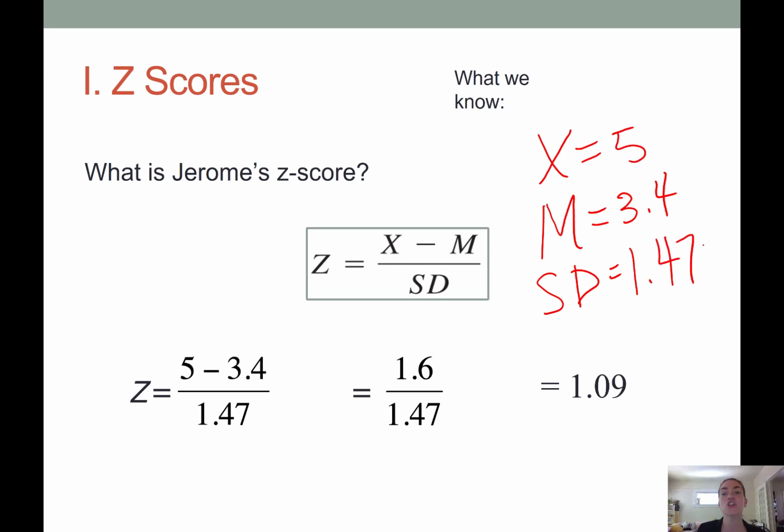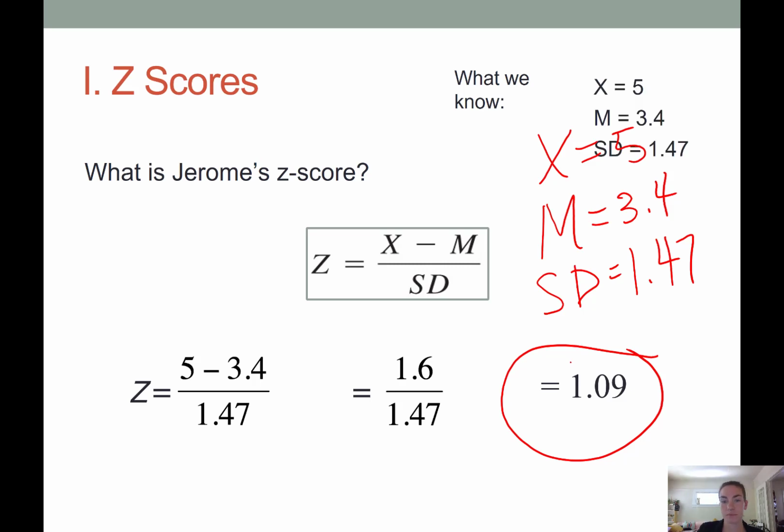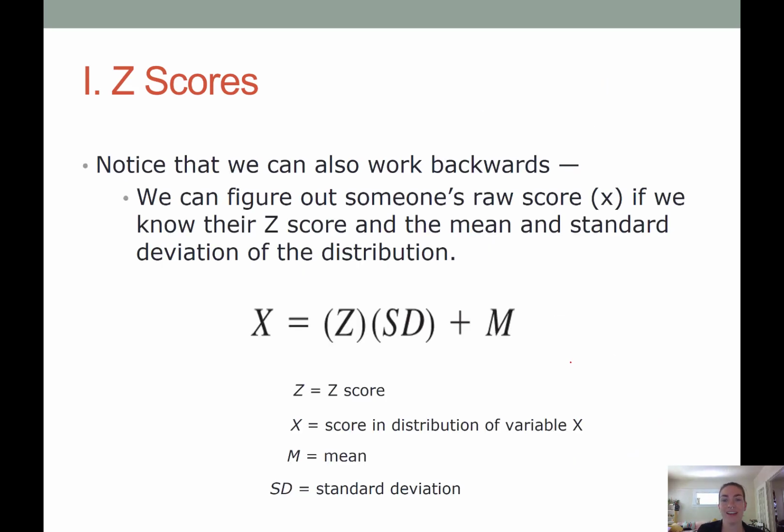So I didn't even need to know the individual scores of all the people in the classroom. As long as I know the mean and standard deviation, then I can calculate a z-score for Jerome. And if you go ahead and plug those values in, you get Jerome's z-score is equal to 1.09. Notice that we could also work backwards. I could flip that formula around and figure out Jerome's raw score if I already knew Jerome's z-score.